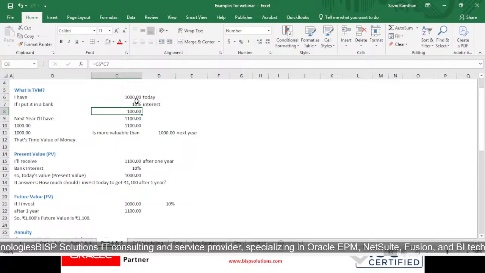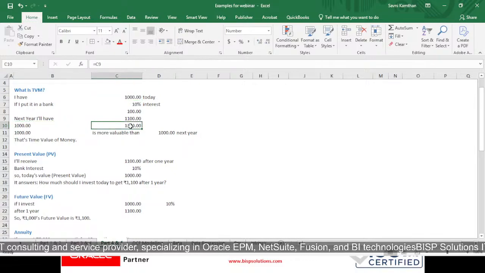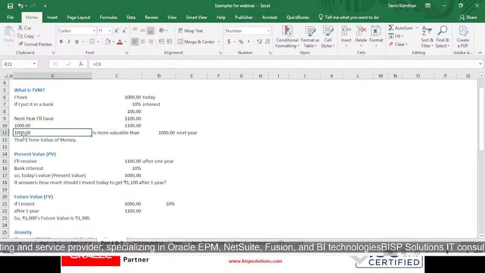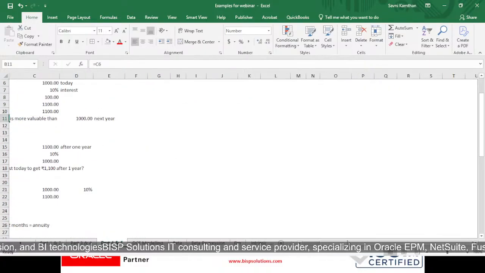So my 1000 rupees becomes 1100, and 1000 rupees today is more valuable than 1000 rupees next year, because I will get 100 rupees on my investment. This is what time value of money is, right?